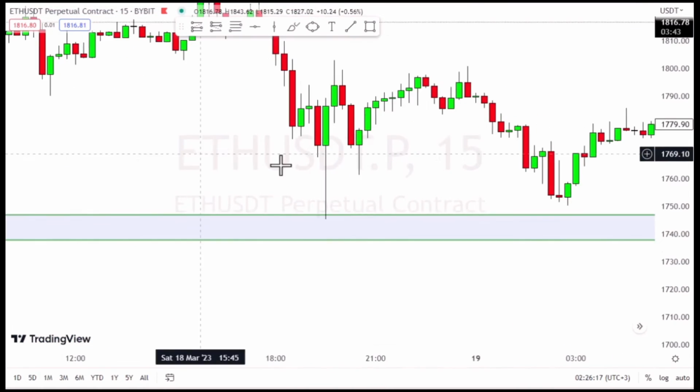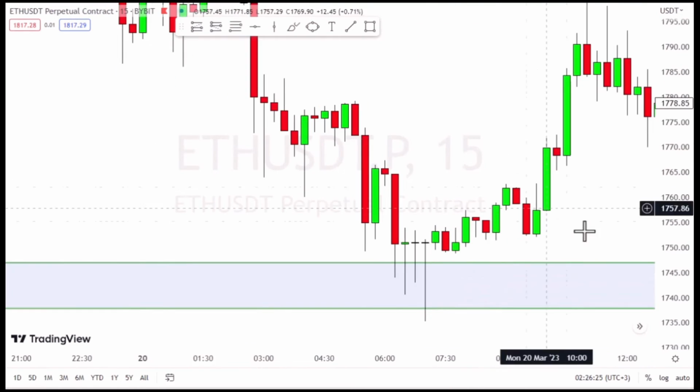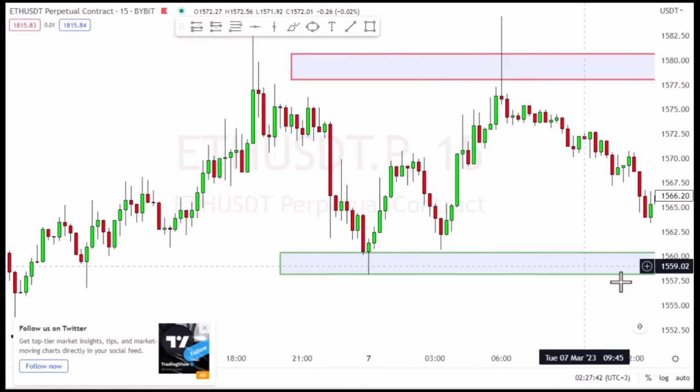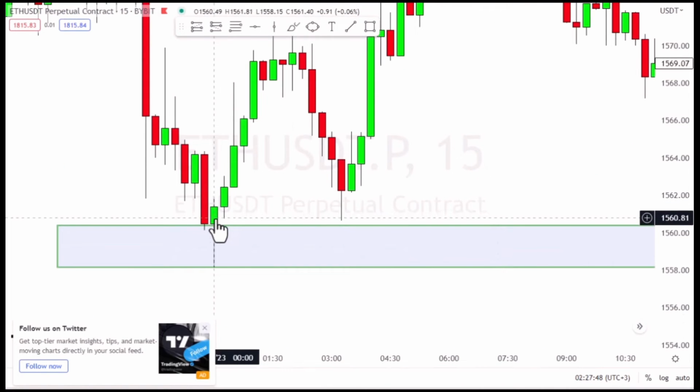Let's make another example. I think I've seen one more here. Yes, here's our support level, and you can see we have a really nice body here, and the wick or the shadow is 2 times bigger than the body of the candle.